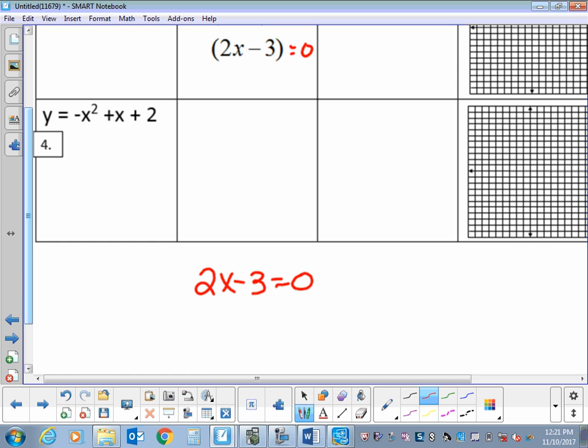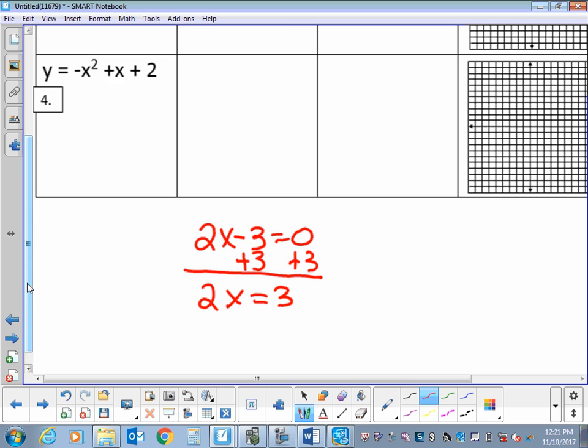We're going from factor to 0. So I add 3. I have 2x equals 3. Divide by 2, so x equals 3 over 2.